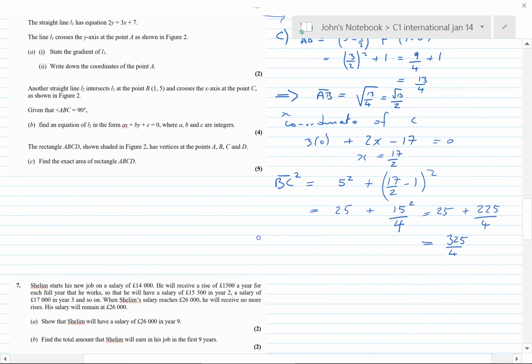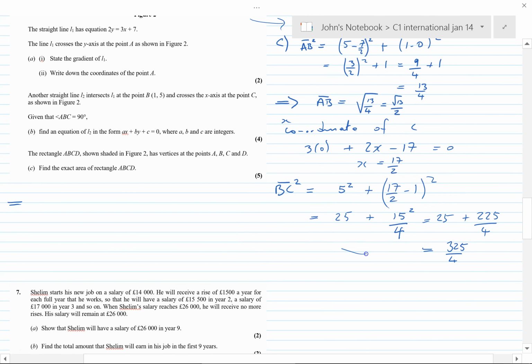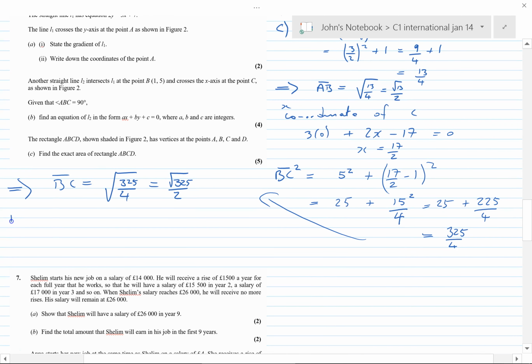So let's move it over there. So that's saying that BC is equal to the square root of 325 over 4, which is equal to the square root of 325 over 2. Okay, so now we're in a position to work out the area of the rectangle.